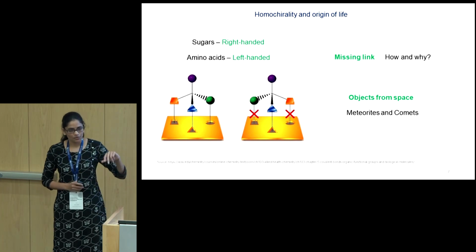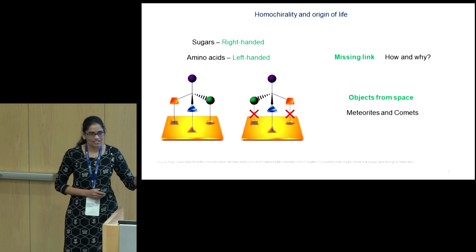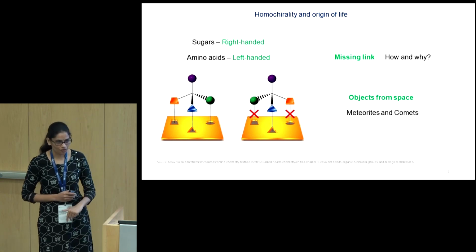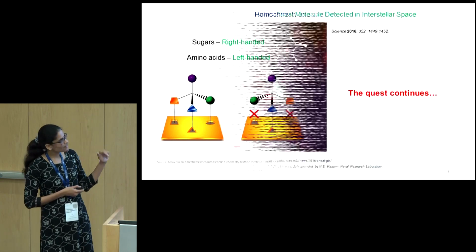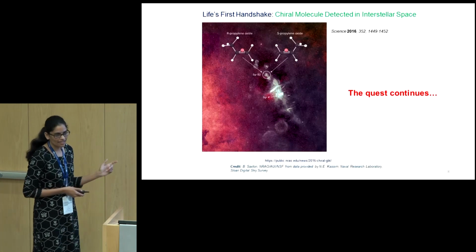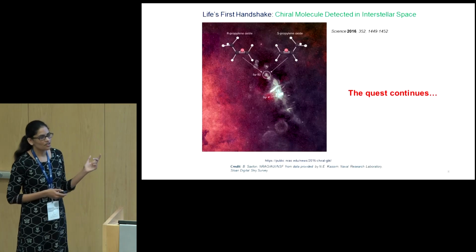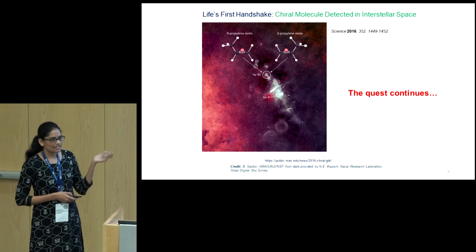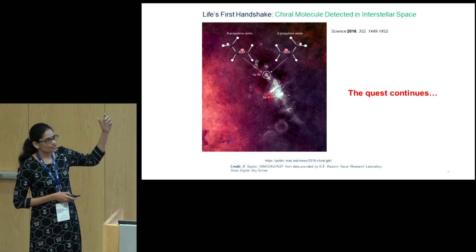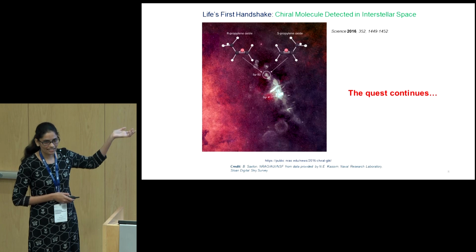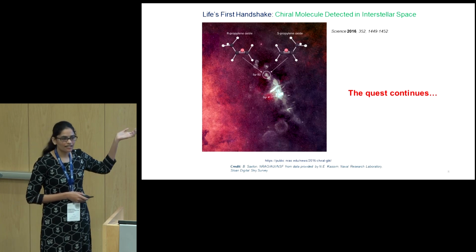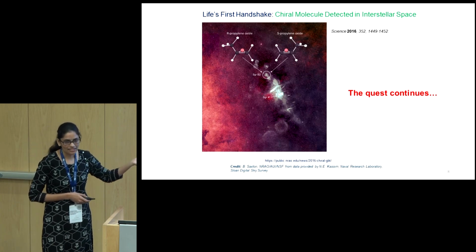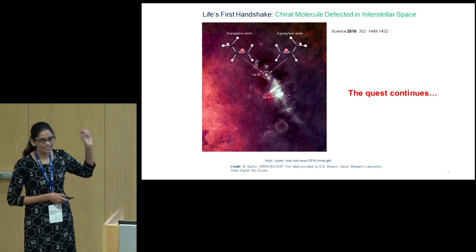We can understand that chirality was there even before life formed. One more interesting discovery happened in 2016: for the first time in space, close to the middle of our galaxy, scientists found a chiral molecule, propylene oxide. This is the first chiral molecule detected in space.